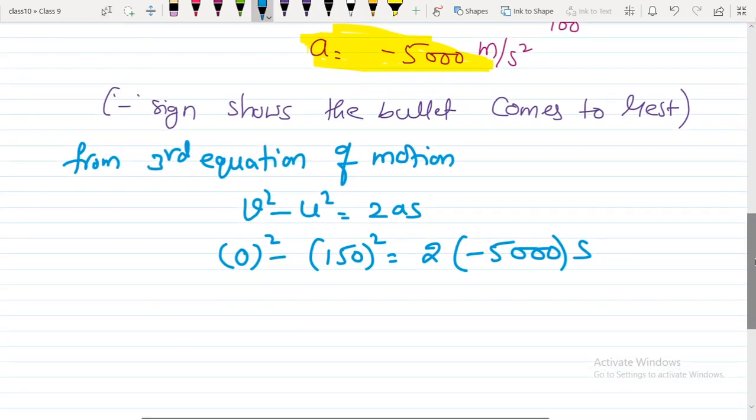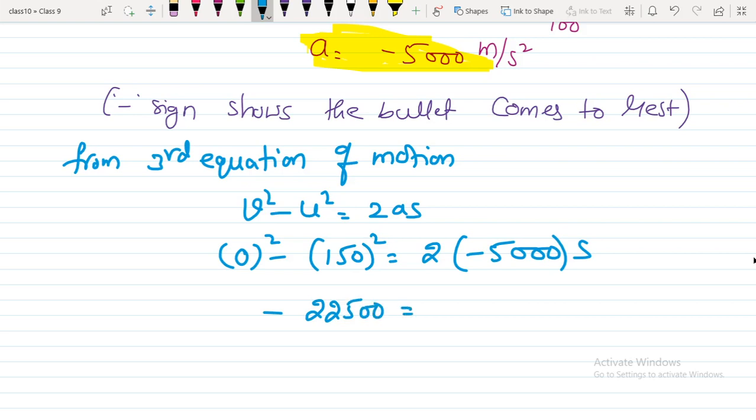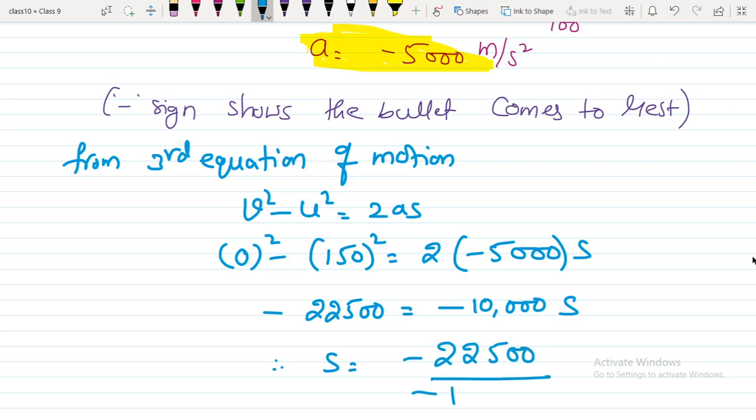So let us simplify it here. Minus 150 square, 150 square goes to 22500, equal to minus 10,000 times s. Therefore s equals minus 22500 upon minus 10,000.